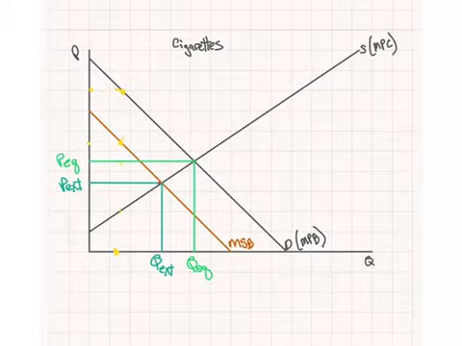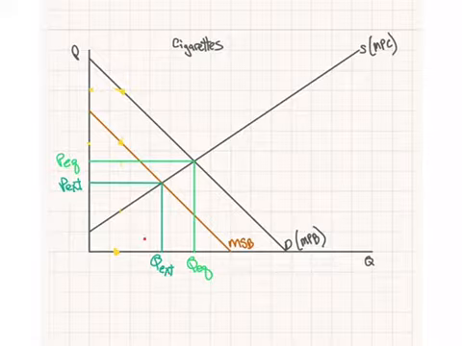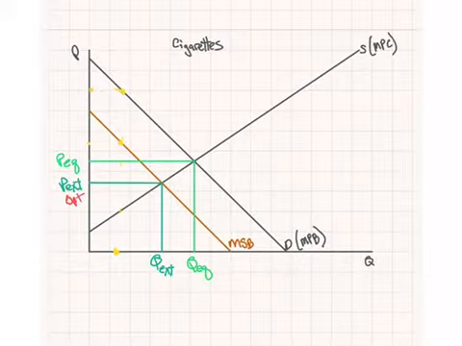The socially optimal output of cigarettes then would be somewhere here. We call that quantity including the externality, or the price including the externality, price optimal, quantity optimal.